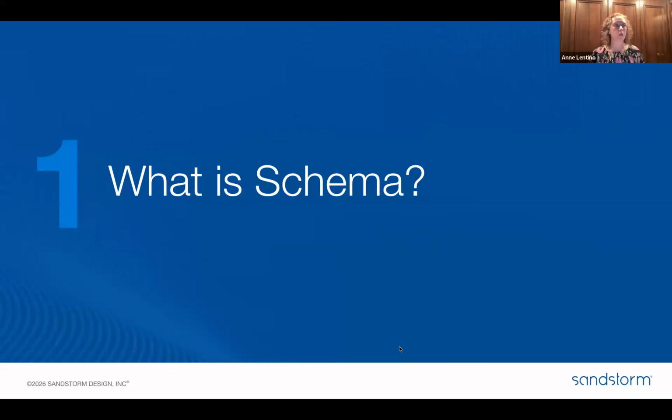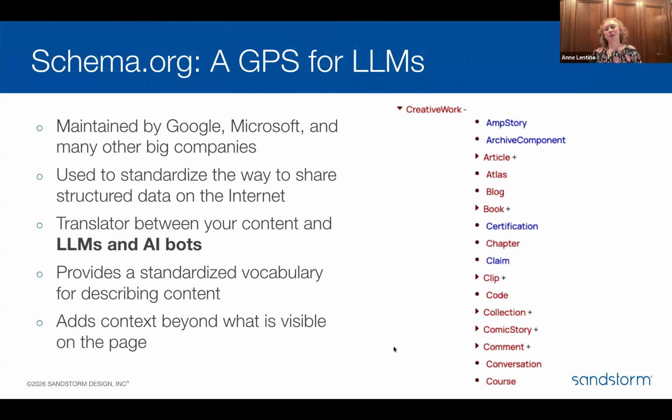So first and foremost, what is Schema? The burning question. Schema is an outline of categories that are being used to standardize how we are categorizing content on websites across the internet.